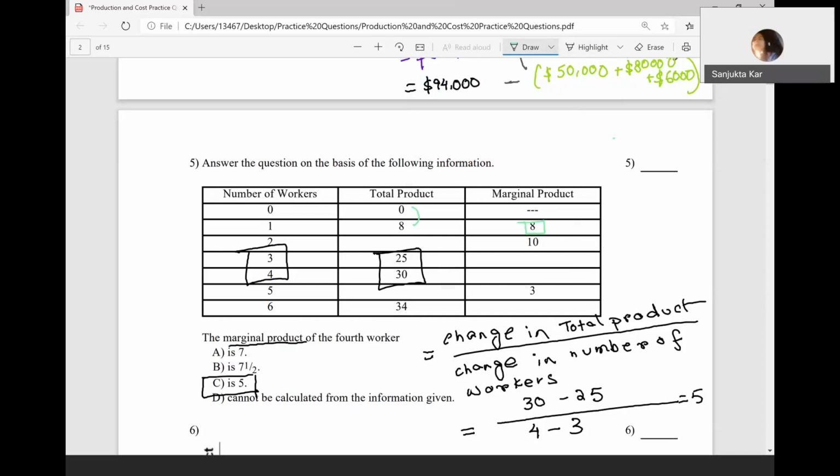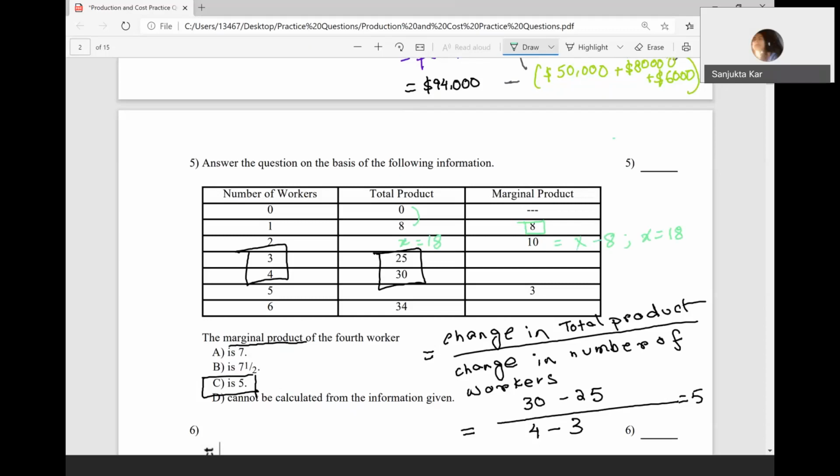Then what's going to be this number? If I say this is equal to x, so this 10 is equal to change in total product, x minus 8. That means x is equal to 18. So this number is equal to 18.